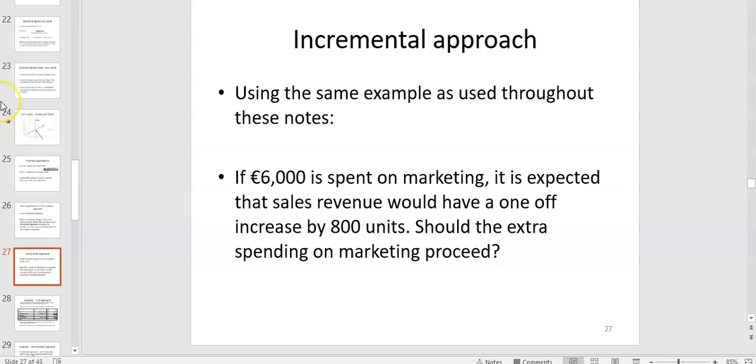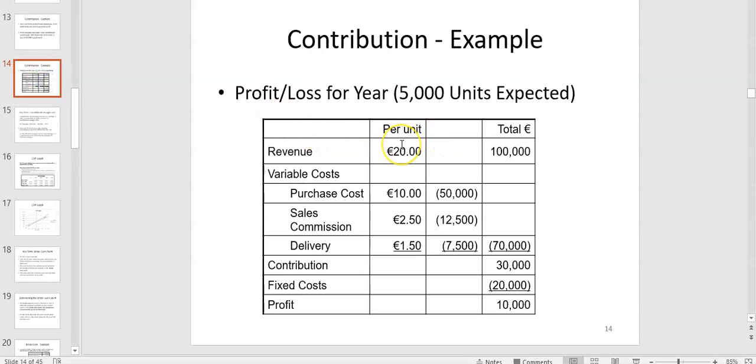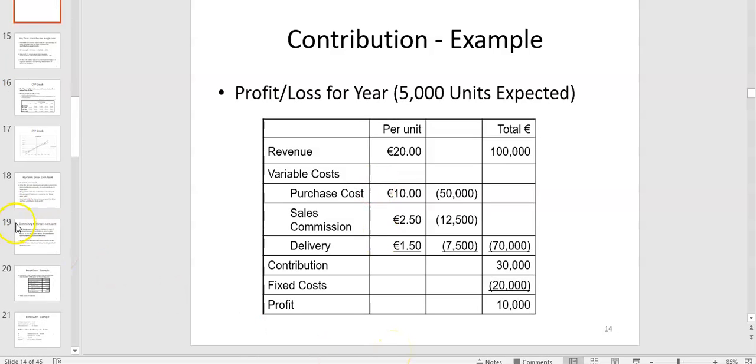The first way is if we come back up here and look at this statement, we restate it. If we spend 6,000 of extra fixed cost, add on 6,000 there, we're going to get 5,800 units of sale, because you're going to get 800 units extra sale for a one-off period.